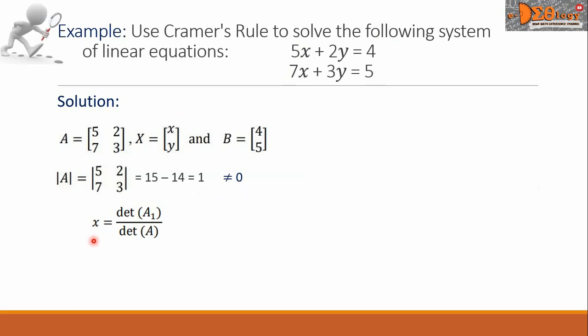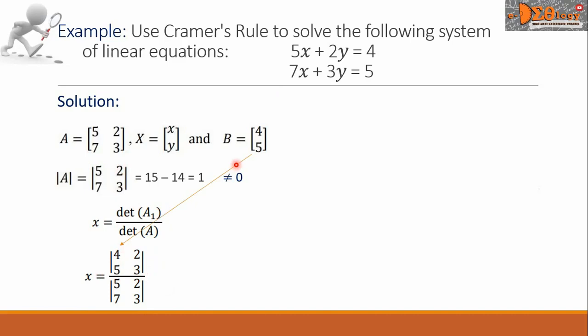First, let us compute for the x. This is equal to determinant of A sub 1 over determinant of A. First, let us copy the matrix A in the denominator. It will be like this. And for the matrix A sub 1, we will have like this. It is almost the same as the matrix A except the first column.